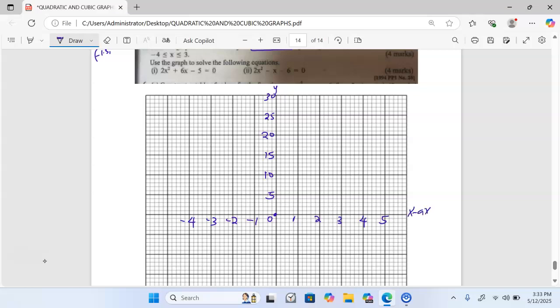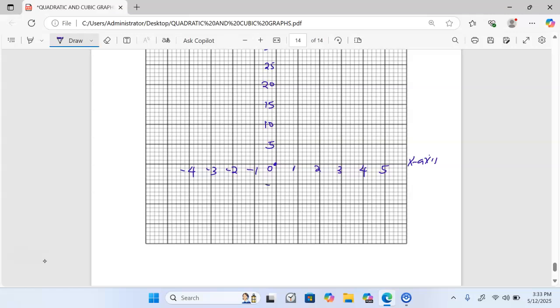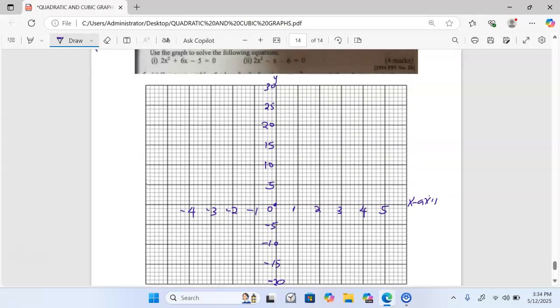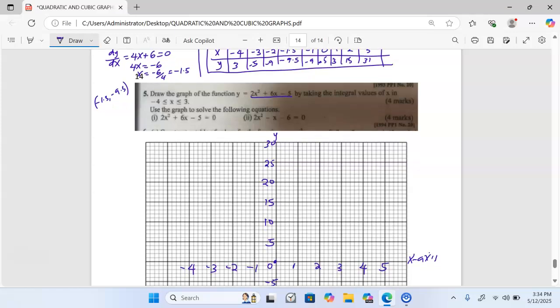Our x-axis is here. Then downwards we are going to have −5, −10, −15, up to −20 there. There is no problem. After that, we can now start plotting our points. Here we can quote our scale.